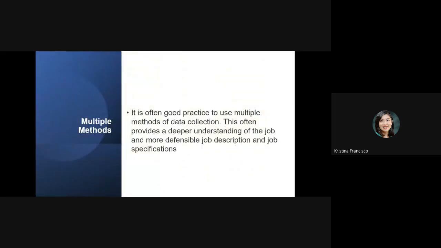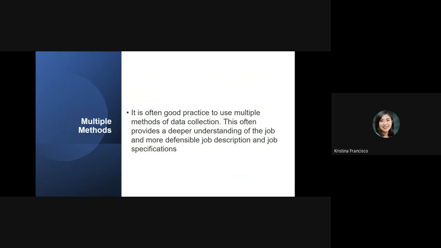So we also have multiple methods. It is often good practice to use multiple methods of data collection. For example, interviews can often be used to develop a basic understanding of the job under evaluation and can be used to develop a questionnaire to capture data from many employees. The data can then be analyzed and entered into another system prior to developing the job description and job specification.